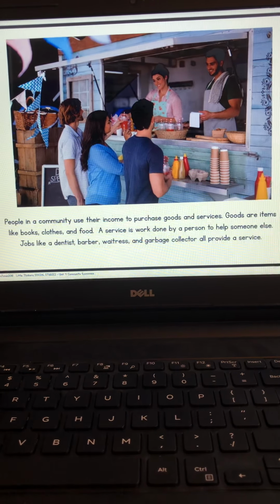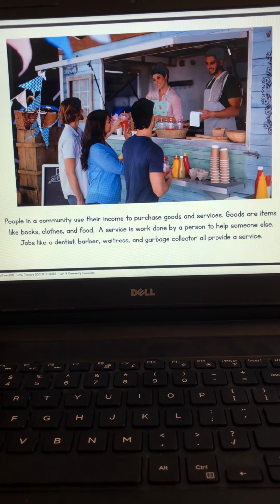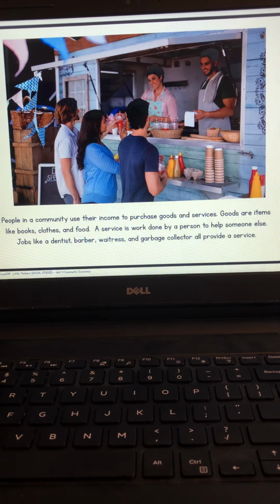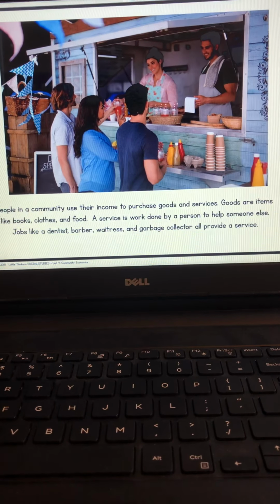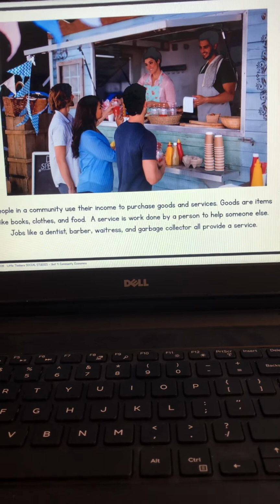We just talked about goods and services a minute ago, but quick review. Goods are items like books, clothes, food. Remember, anything you could touch or hold. A service is work that a person does, like the dentist, the barber, the waitress, a garbage collector.